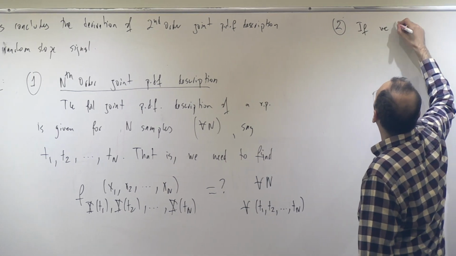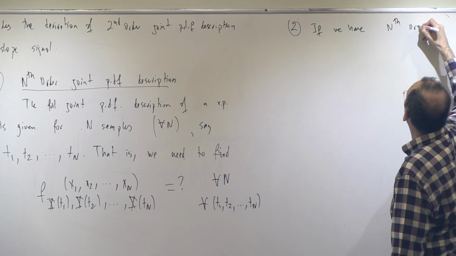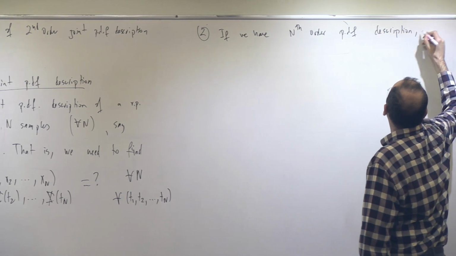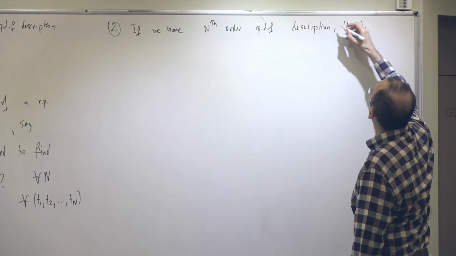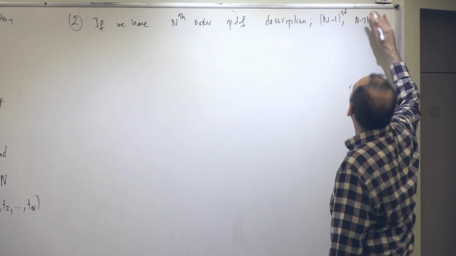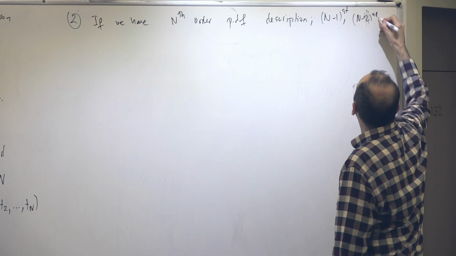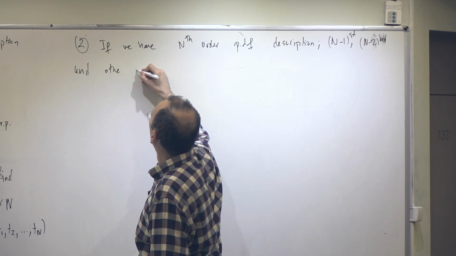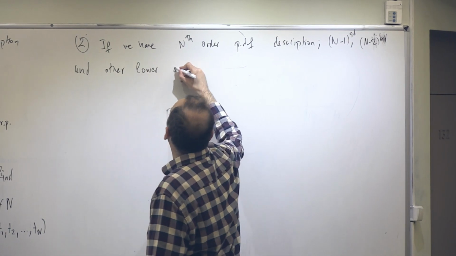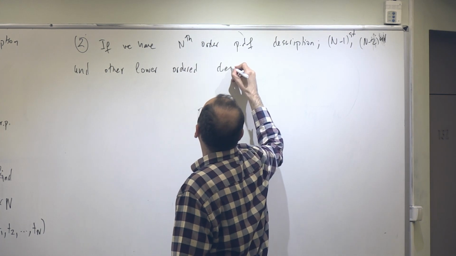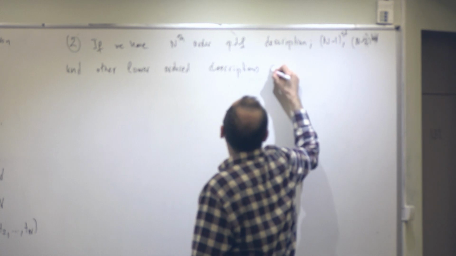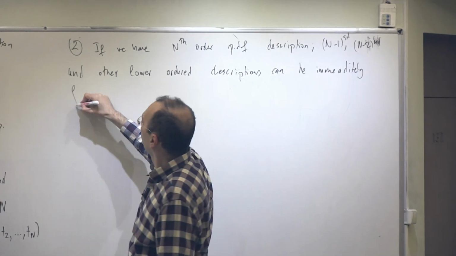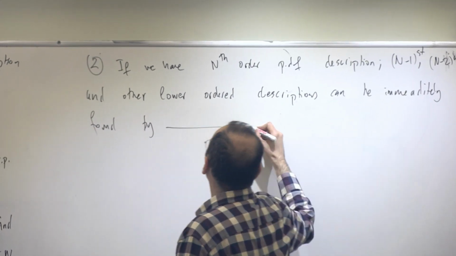If we have the nth order p.d.f description, the n minus first, let's say n minus second, and other lower order descriptions can be immediately found by, what should I write over here?